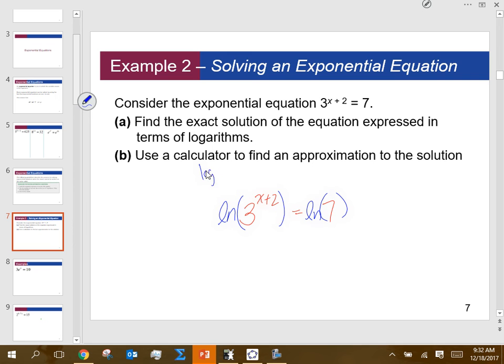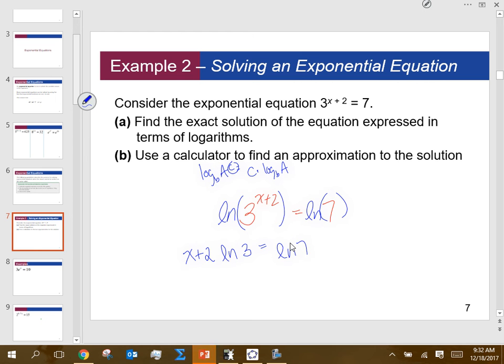If I have log base b of a to the c, doesn't that become c times log base b of a? You remember saying that Friday? Well, now that c term is the x plus 2. So we take that x plus 2, and it comes out in front. And now I have ln of 3 and my ln of 7.